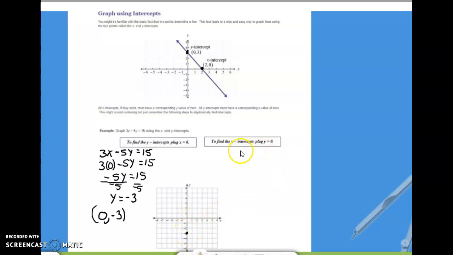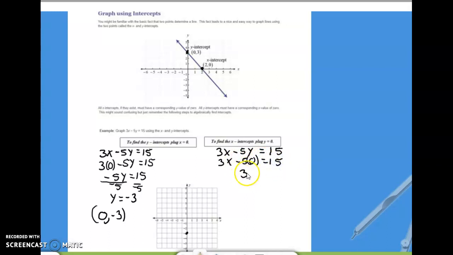Now, the one we haven't talked about much is the x-intercept. So we'll take the equation again. And this time, if we're going to find the x-intercept, we're going to plug in 0 for y. Basically that takes that away, because anything times 0 is 0.